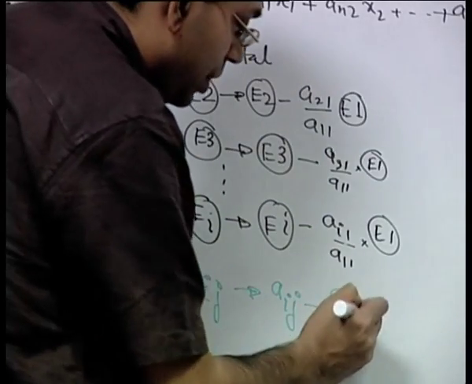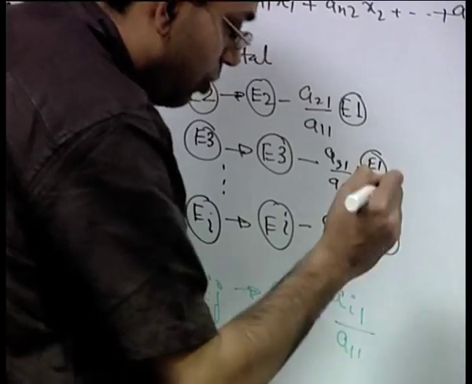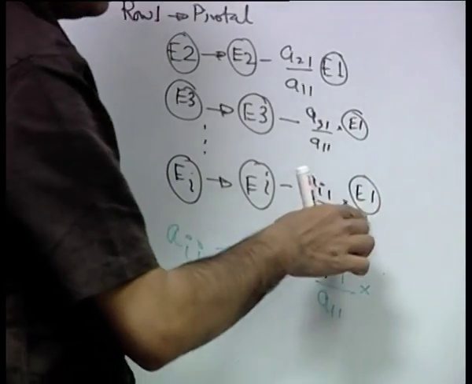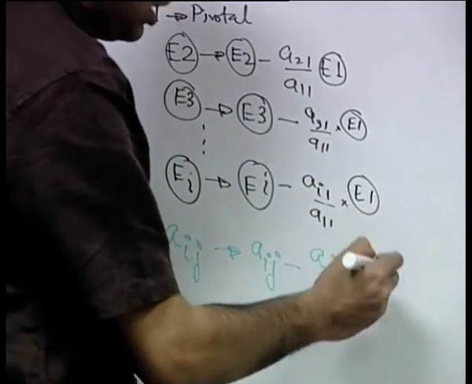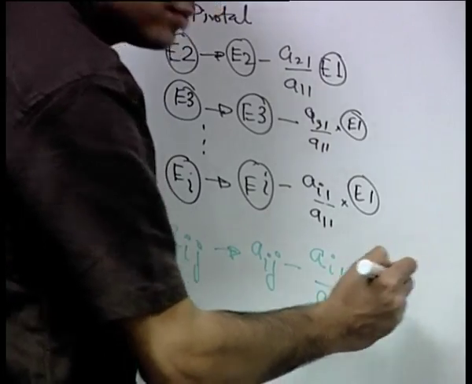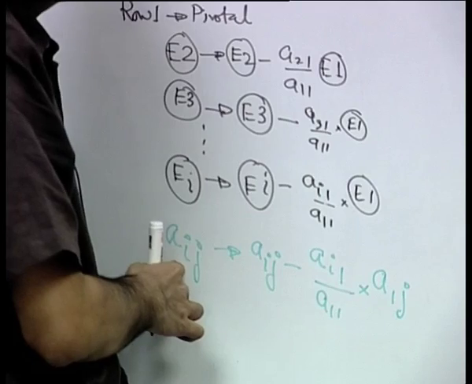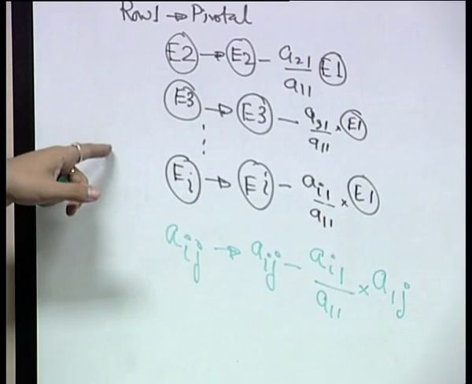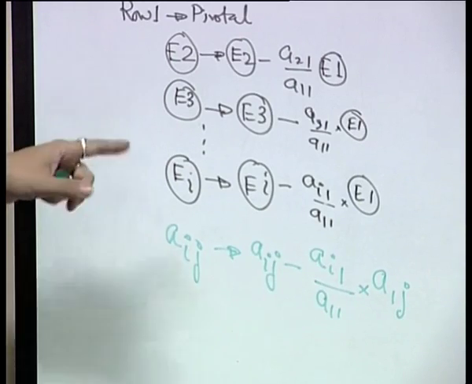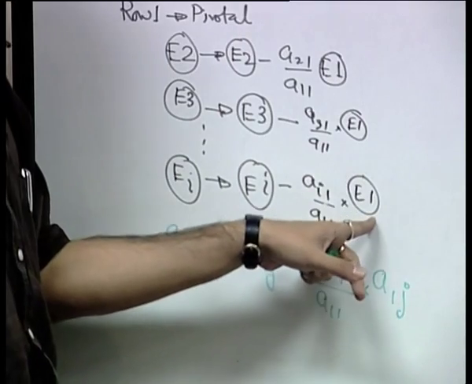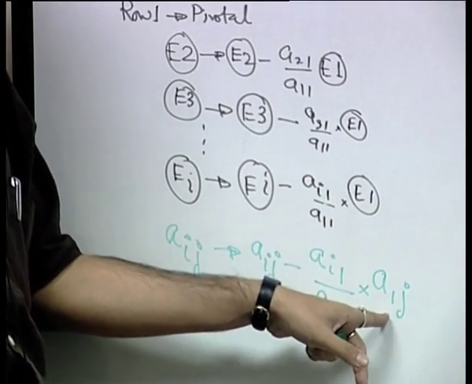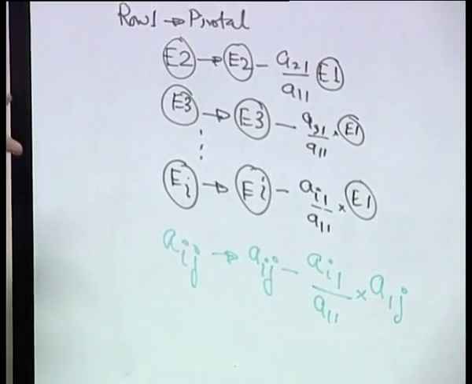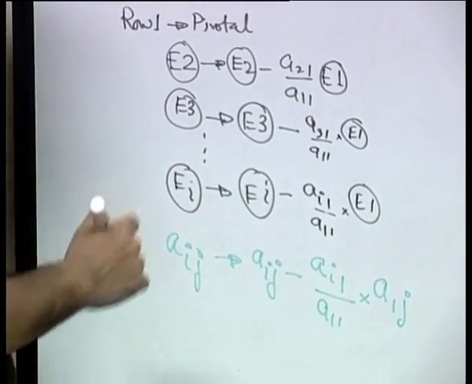So, we keep it Ai1 divided by A11 into what is E1? E1 is A1j. If Ei is Aij, then E1 is A1j, right. The first subscript is for the row. For the ith row, the first subscript is i; for the first row, the first equation, the first subscript is 1. Okay. So, this you are doing for step 1.